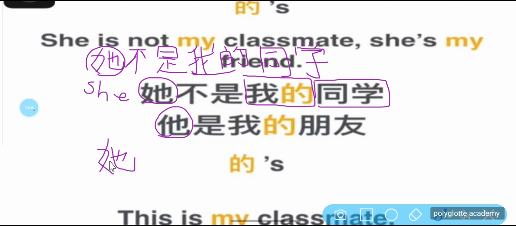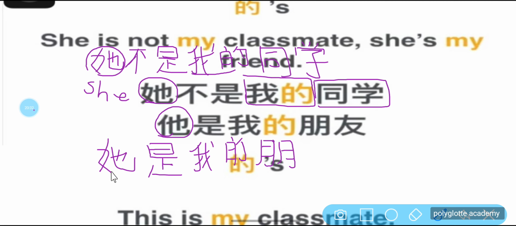We had a typing error here, so 他是我的朋友, which is a friend.